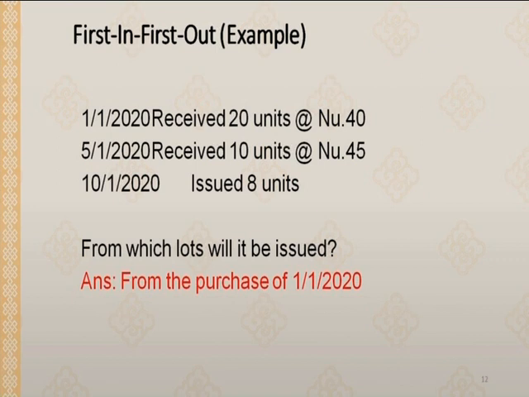Since it is first in first out, the materials received first, on 1st January 2020, are the ones from which we make the issue. So the issue on the 10th has to be made from the lot received on the 1st, not from the lot received on the 5th. That is the first in first out method.